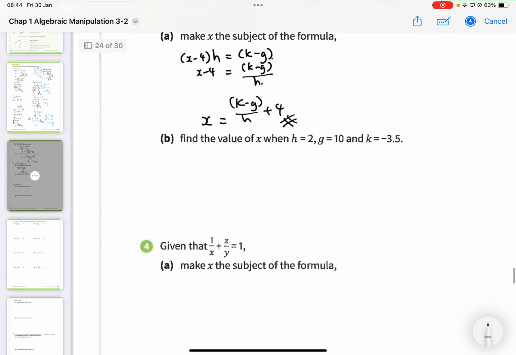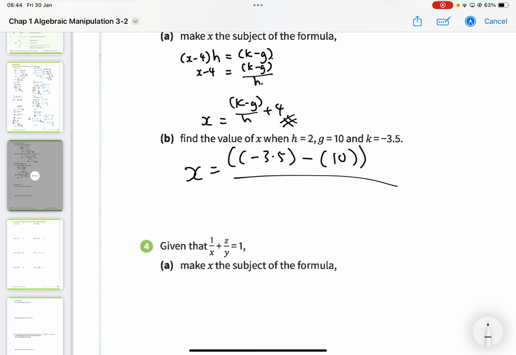So you should have x equals bracket, negative 3.5, minus, bracket 10, then h bracket, finally plus 4. You can press the calculator to get this answer as well. Negative 13.5. 6.75.